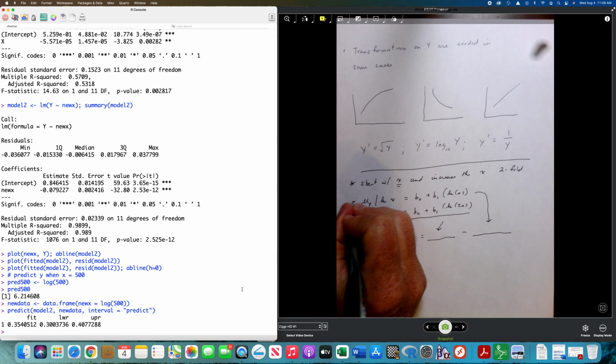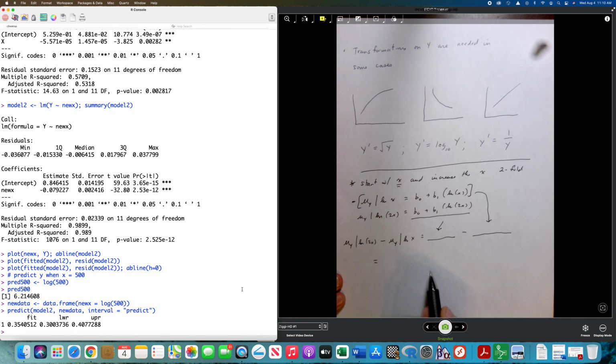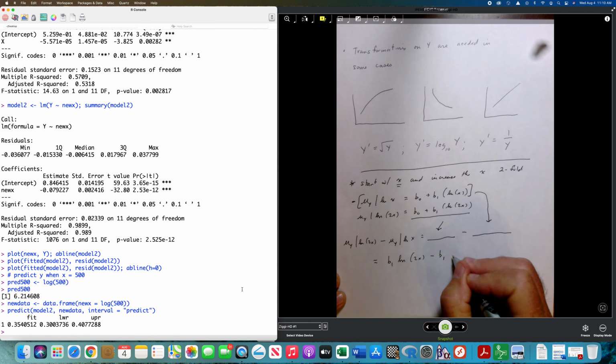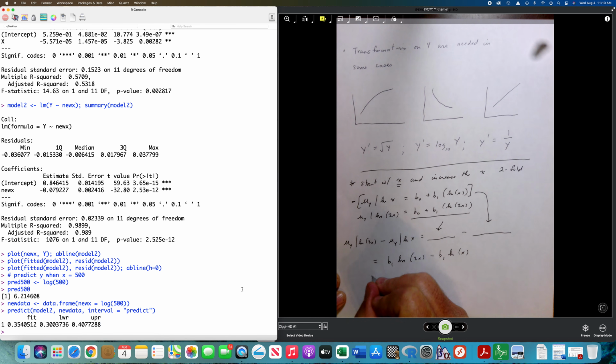We can see the b0 minus b0 leaves 0. And the other thing we have is b1 times the natural log of 2x minus b1 times the natural log of x. We can easily factor out the b1, leaving us with the natural log of 2x. You probably see already where this is headed.